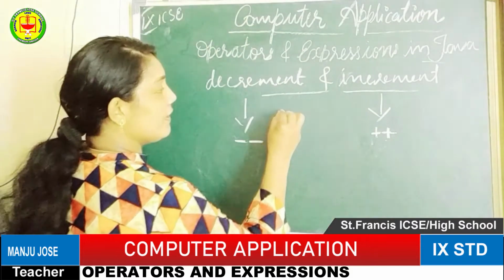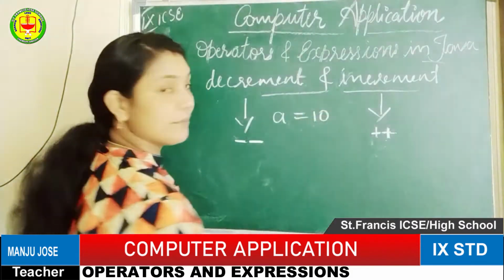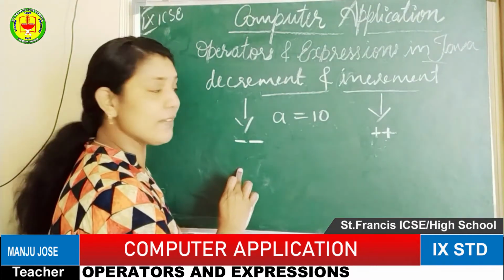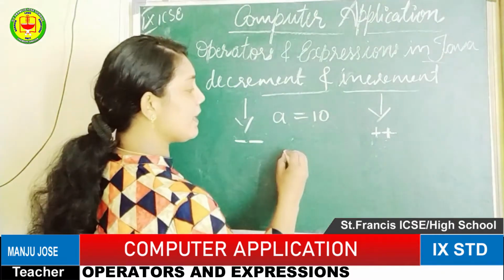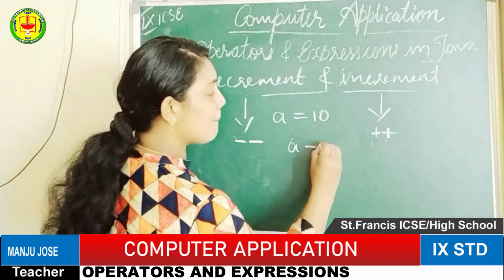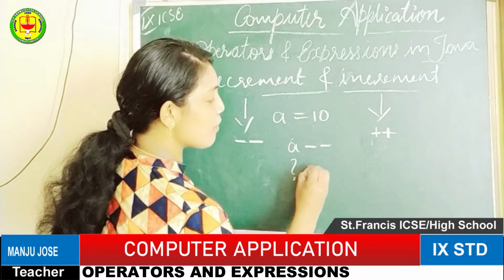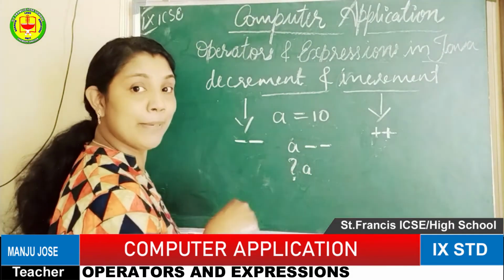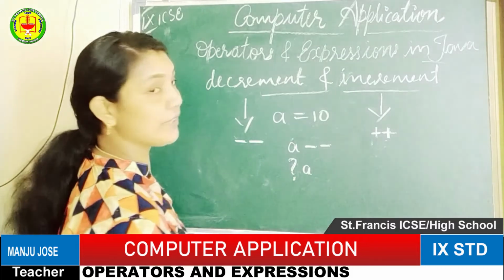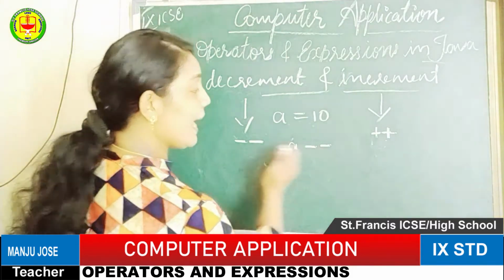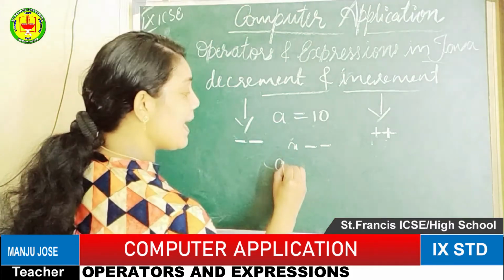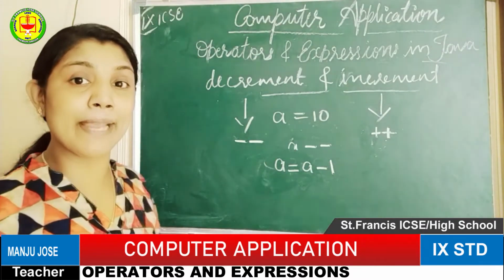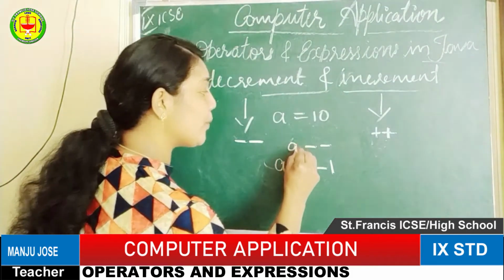Here I have given a equal to 10. First we'll see how the decrement operator executes. Here a equal to 10, and next I have given a minus minus. What is the value of a? The question mark represents printing a. The meaning of a minus minus is a equal to a minus 1.